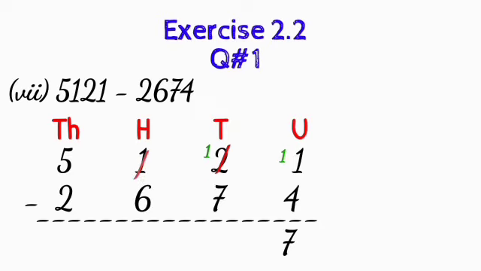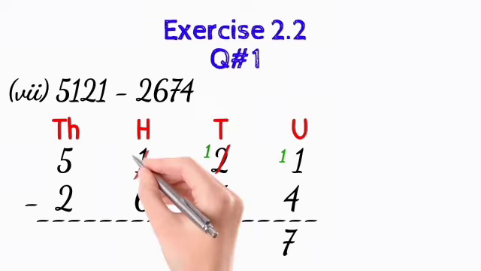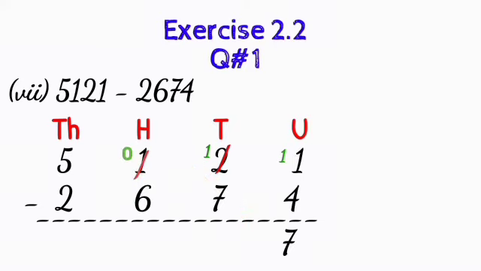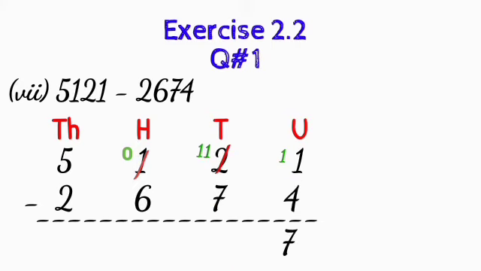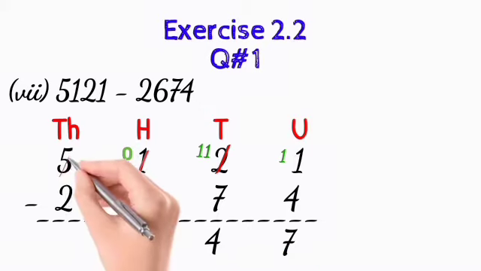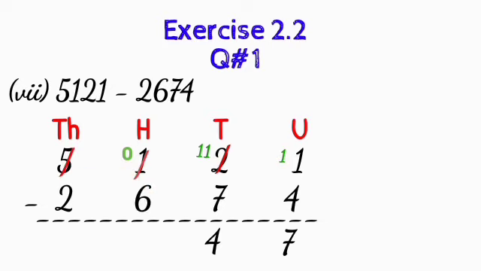In tens place, again we can't minus 7 from 1. So we take 1 borrow from hundreds. 0 left there and 100 means 10 tens. So 10 tens plus 1 becomes 11 tens. 11 minus 7 is 4. Write 4 in tens place. Now look at this hundreds place. Again we can't minus 6 from 0.